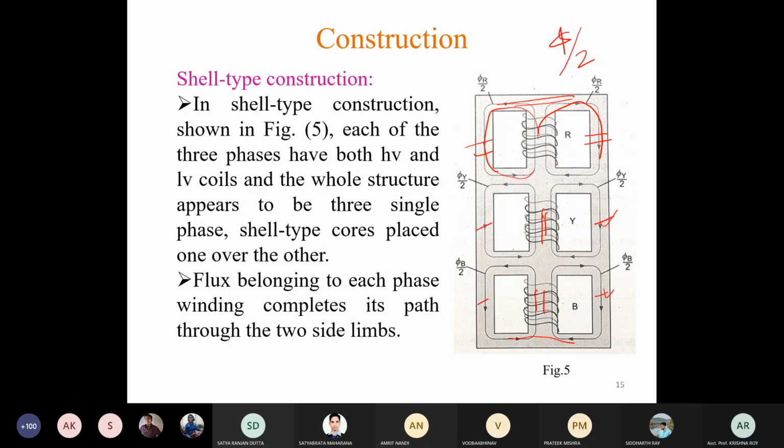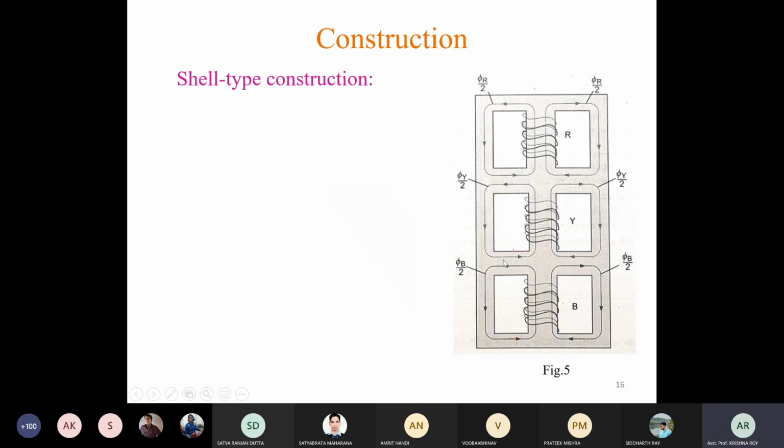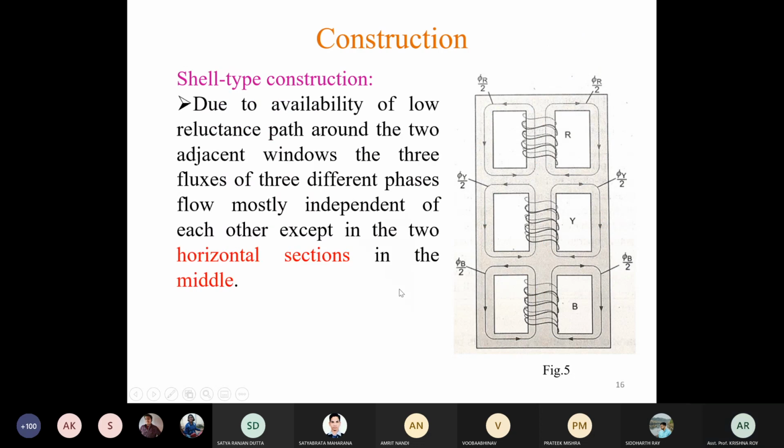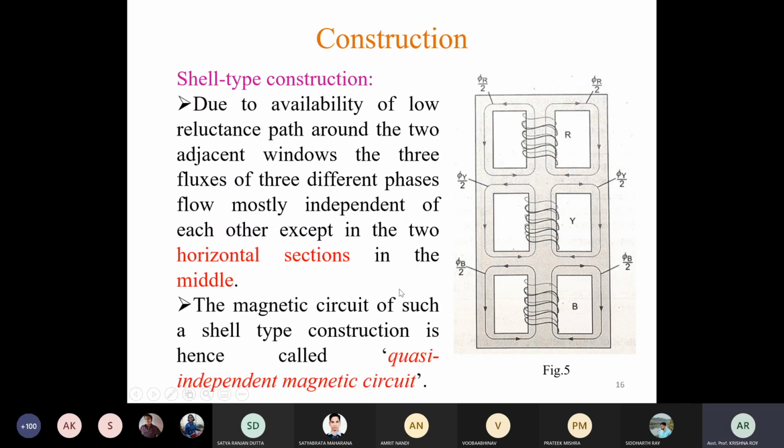Flux produced by this coil will complete its path through this path and through this path, and flux produced by this coil will complete its path through this line and this line. So except for this section and this section, the flux paths are almost independent of each other, and this type of construction is known as quasi-independent magnetic circuit.